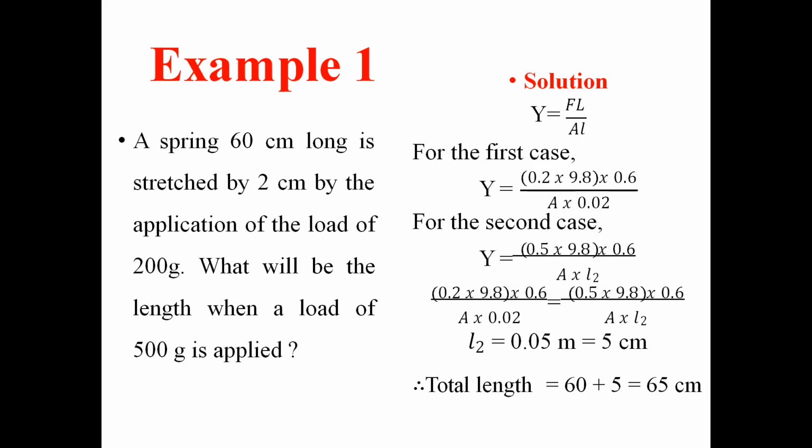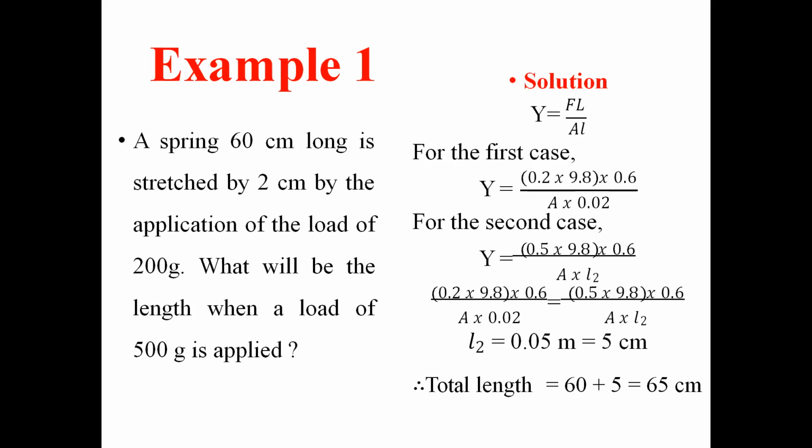For the second case, Y equal to 0.5 into 9.8 into 0.6 divided by capital A into small l2. These are given for two loads. What will be the length when a load of 500 grams is applied? First one is 200 grams, second one is 500 grams load.